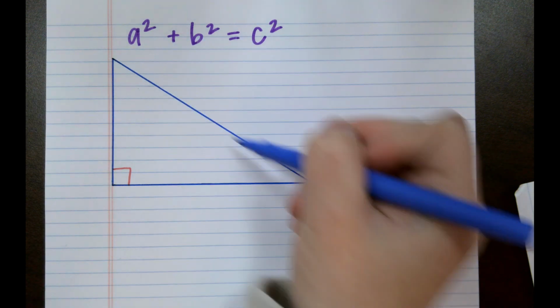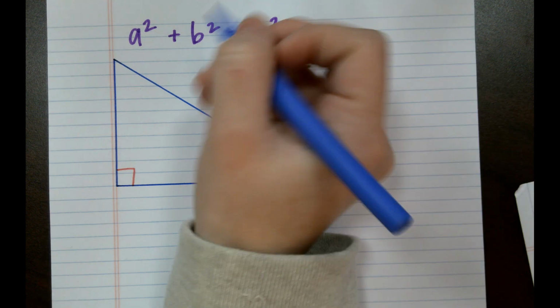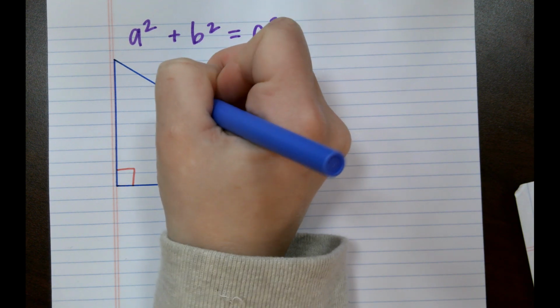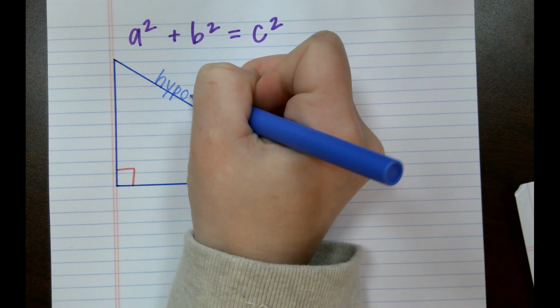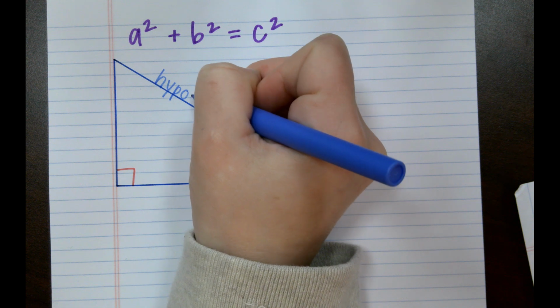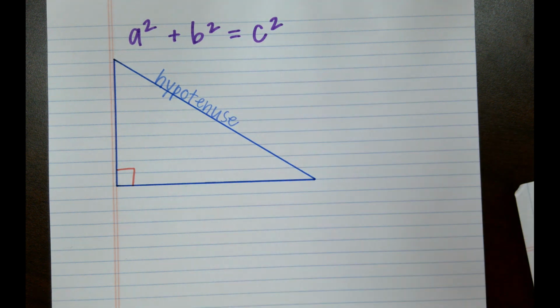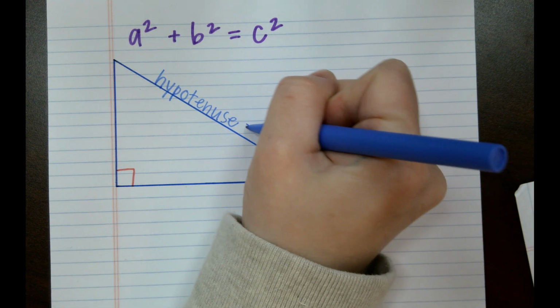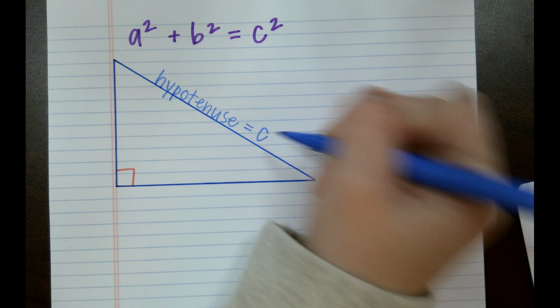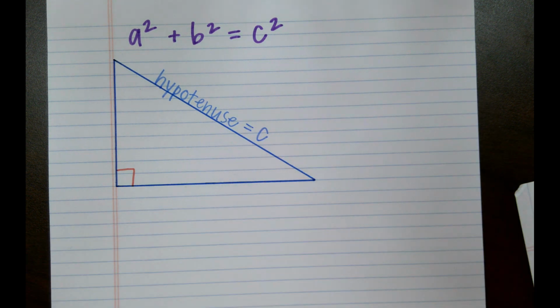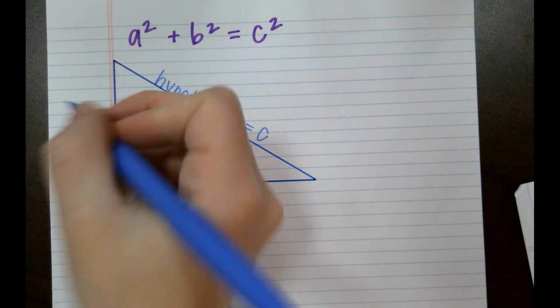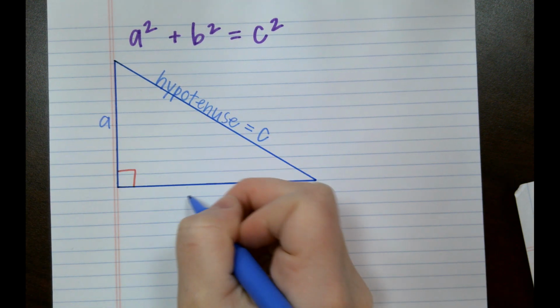And then this third longer side is called the hypotenuse. This is what we call our C. Always going to be C. The other two are A and B.